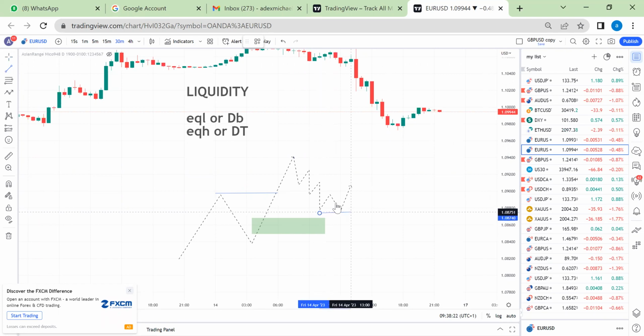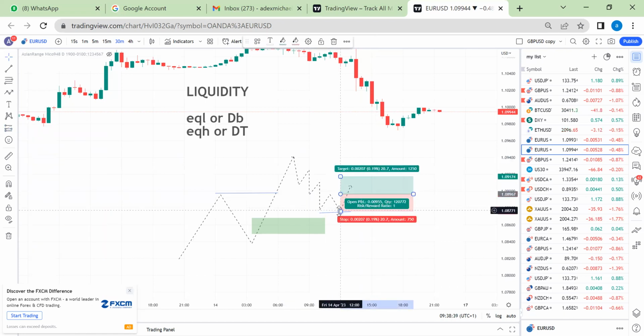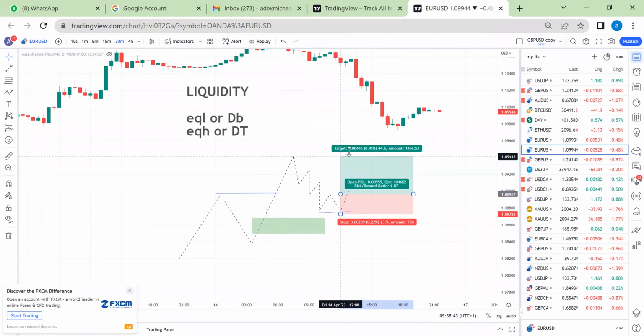They will see this as a double bottom, and they will see the neckline broken upward. They want to long at the break of that neckline and put their stop loss just below the double bottom.